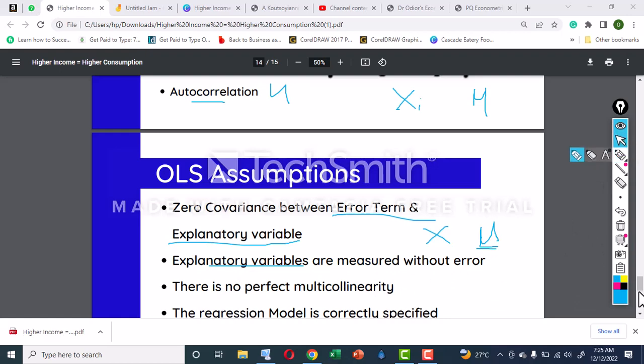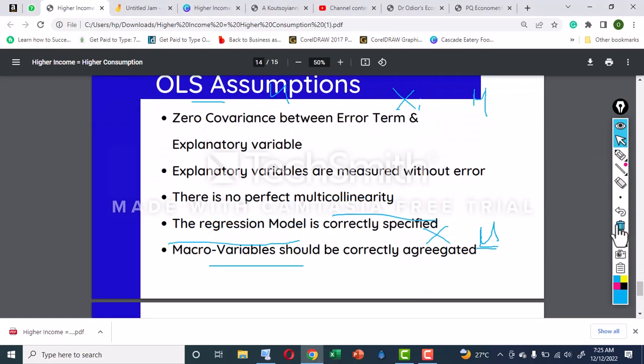Then the next one is perfect multicollinearity. This is trying to say that there shouldn't be perfect multicollinearity, although there can be multicollinearity, but it shouldn't be perfect. What it simply means is that there shouldn't be a perfect relationship, a perfect correlation between the explanatory variables. There can be correlation, it can be small, it can be minimal, but it should not be perfect.